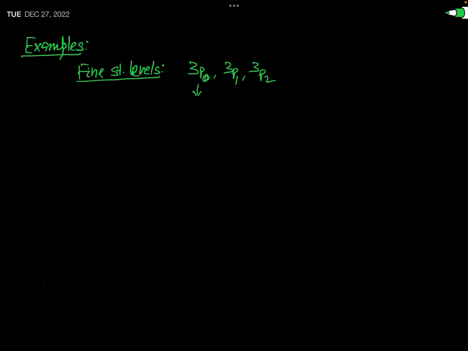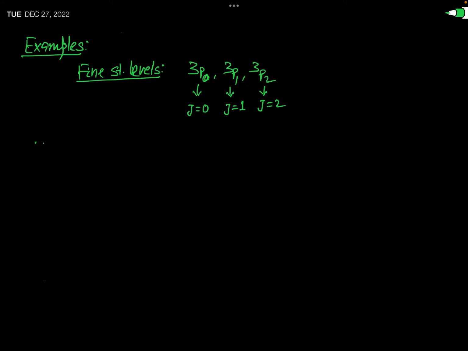So, for the 3p0 level, j is equal to 0. And for the 3p1 level, j is equal to 1. And for the 3p2 level, j is equal to 2.